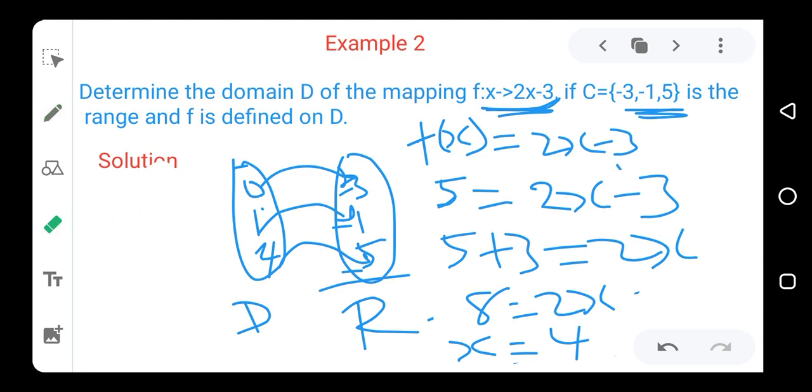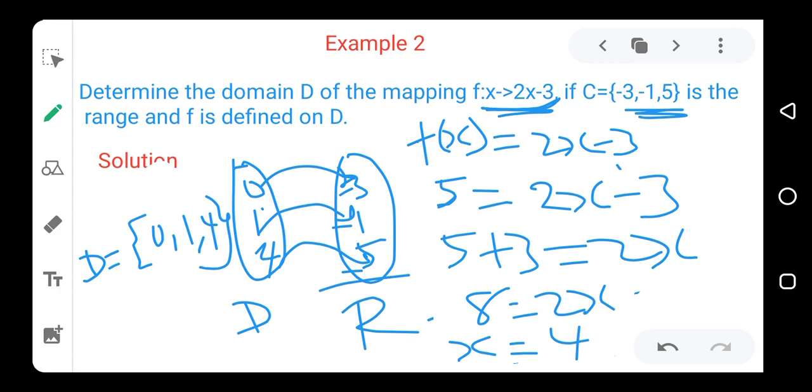The element in the set domain D is equal to the elements 0, 1, and 4. 0, 1, and 4. So this is how to solve this one.